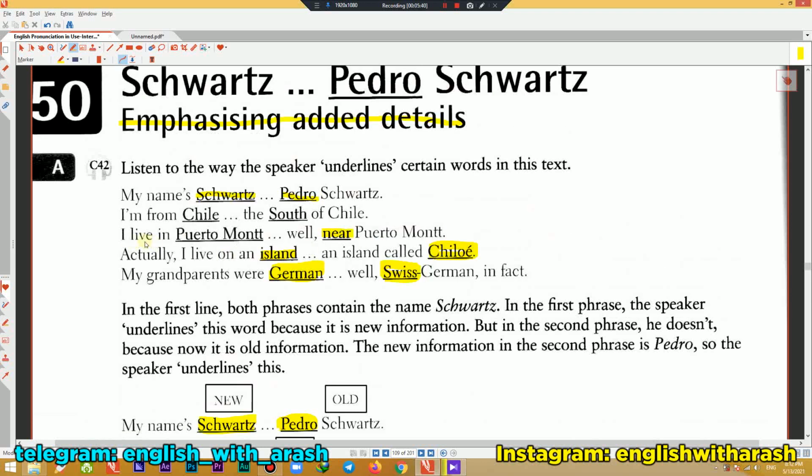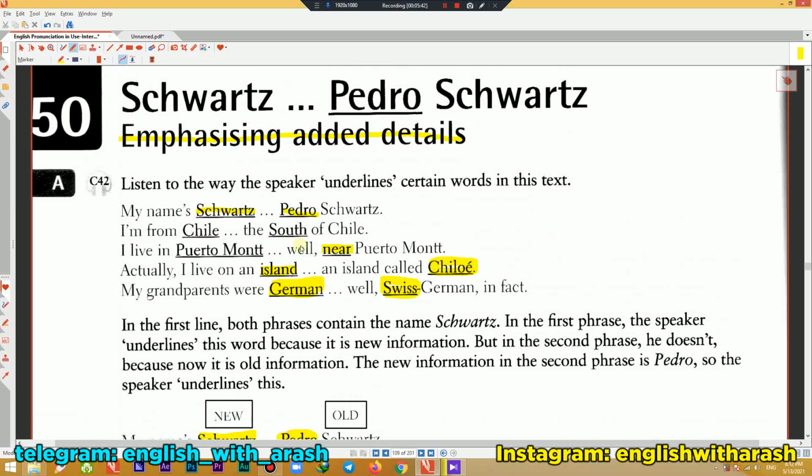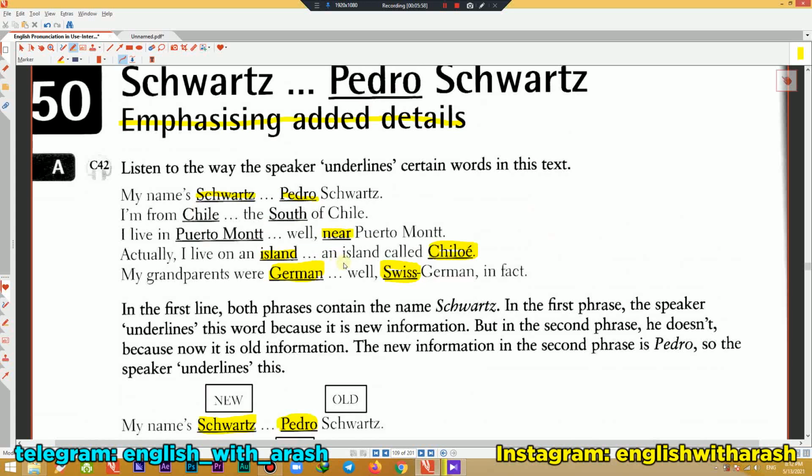For example, you can say, I live in Tehran. Well, near Tehran. So it means, okay, I said I live in Tehran, but near Tehran. It means I'm somewhere near Tehran. I'm not in Tehran. So when you add some information, you want to say it louder, of course.